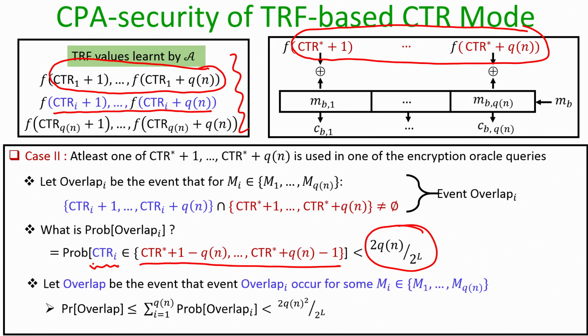It is easy to apply the union rule here, because each of these encryption oracle queries is independently answered by the challenger. So, if I apply the sum rule, I get the probability that the event overlap occurs. The event overlap is defined to be the event that any of the counter values used for encrypting any of the blocks of the challenge plain text gets repeated while answering any of the qn encryption oracle queries.